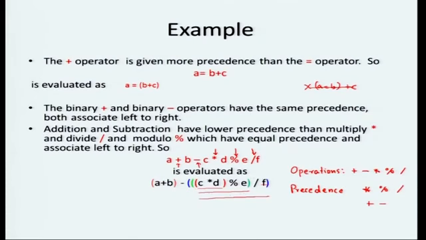Once you are done there, then you come to plus and minus. Once we have finished with this, you will have some situation like this: C star D modulo E divided by F. And then on the remaining side, you have A plus B minus this. Now you have to decide which way you will do the plus and minus.